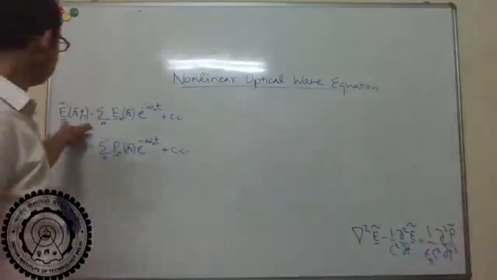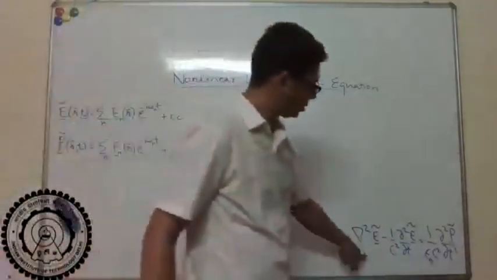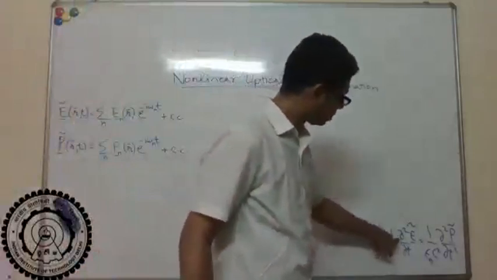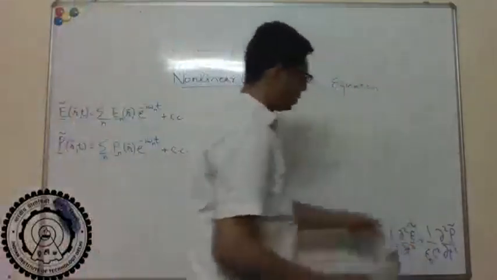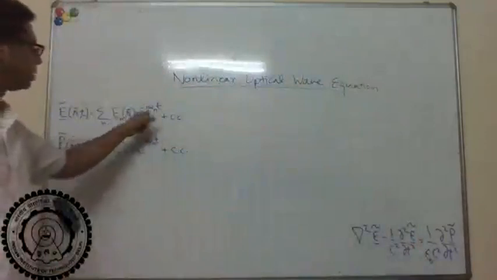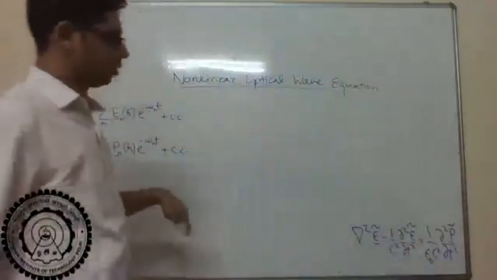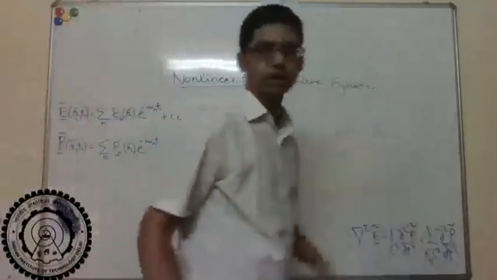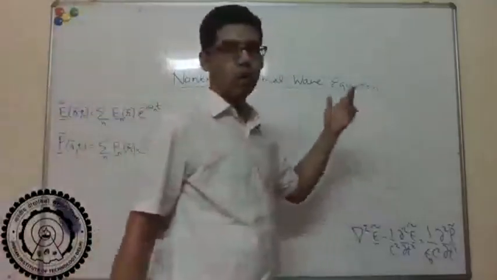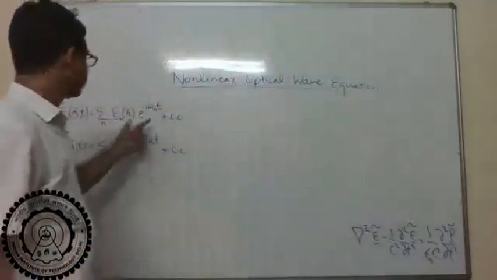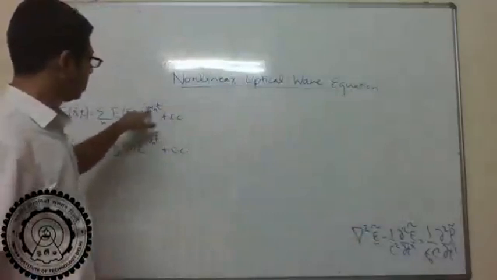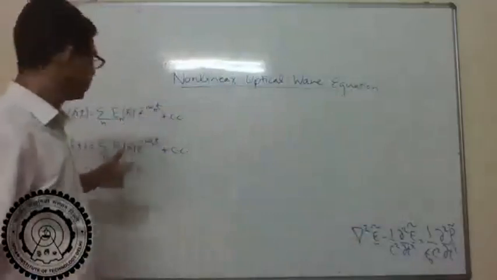So now if we plug in these forms for the electric field and polarization into the wave equation, right? So you can see that the double derivative d square by dt square will give me omega n square, right? So it will give me omega n square in the front for both the electric field and the polarization, right? And then again, if this equation has to be valid for all different frequencies at all different times, then we can just look at the individual coefficients of individual e to the i omega n t terms, right?